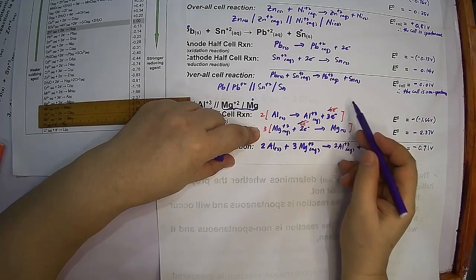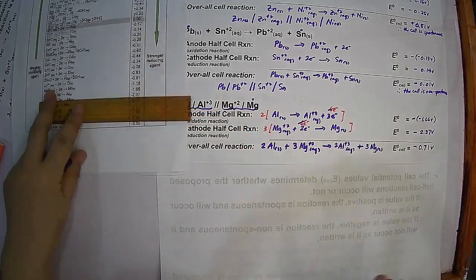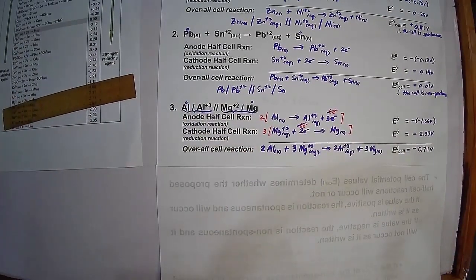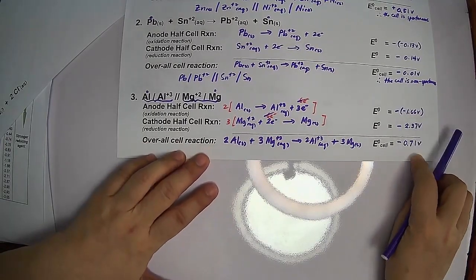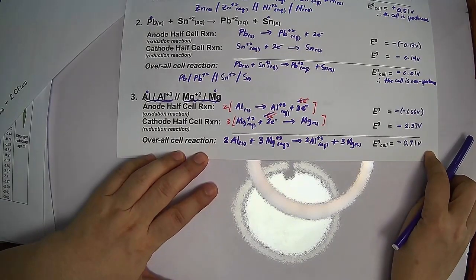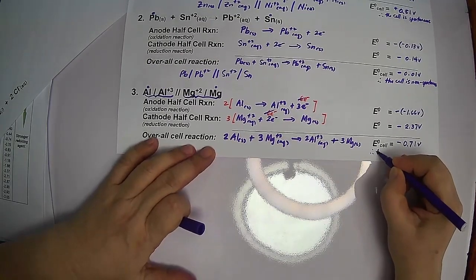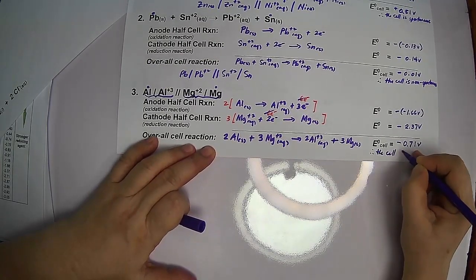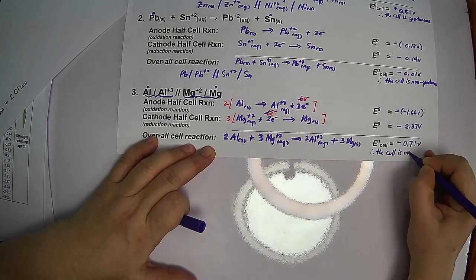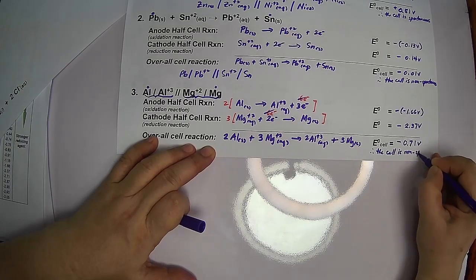The electrons cancel out since they are present on both sides of the equation. The potential here is negative 0.71 volt. Therefore, the cell is non-spontaneous.